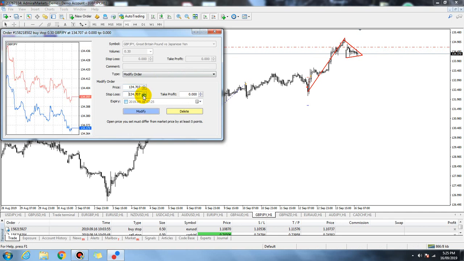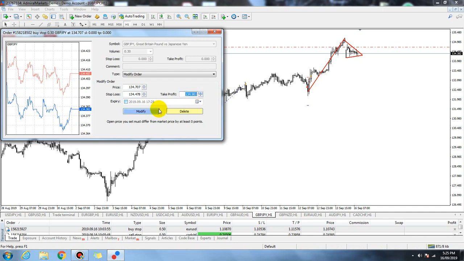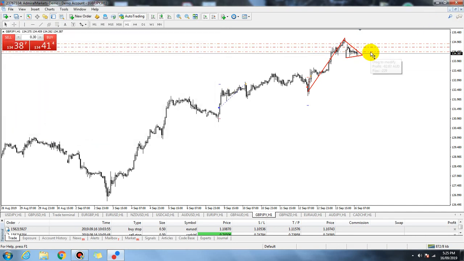Modify that, put in a stop loss, and put in a take profit. Modify, stop loss down below those lows there.